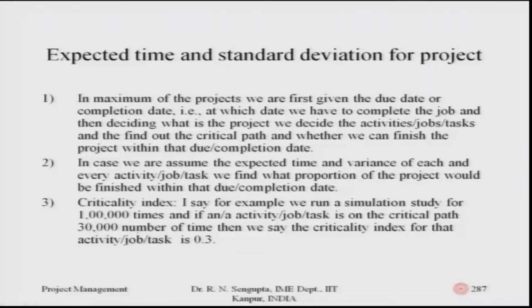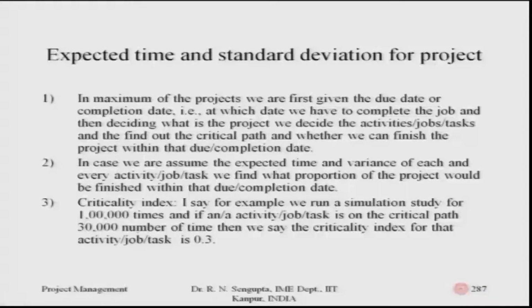Say, for example, we run a simulation study. If you remember, we said that the more you simulate, the more you will be able to find out which jobs come out the maximum number of times in the critical path. Based on that, we say they are on the critical path and they are the critical activities.